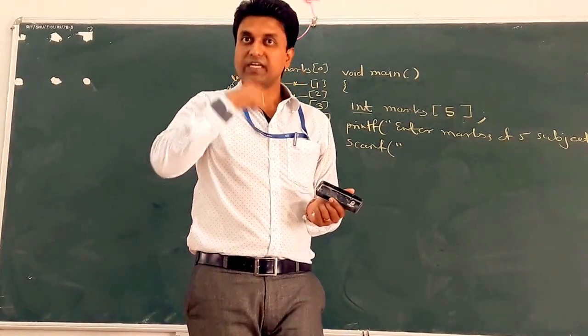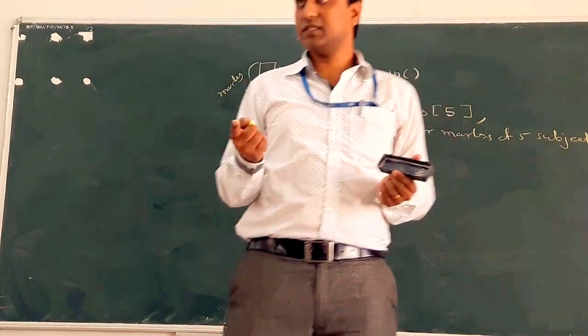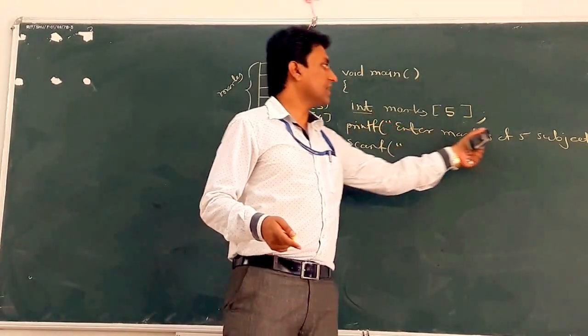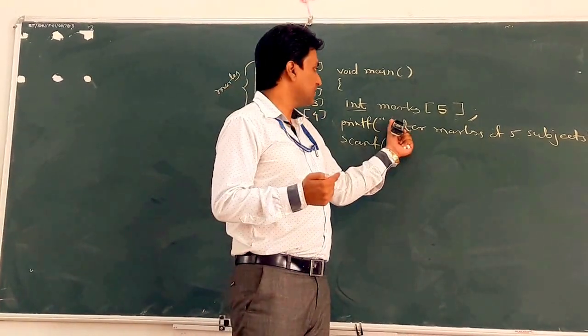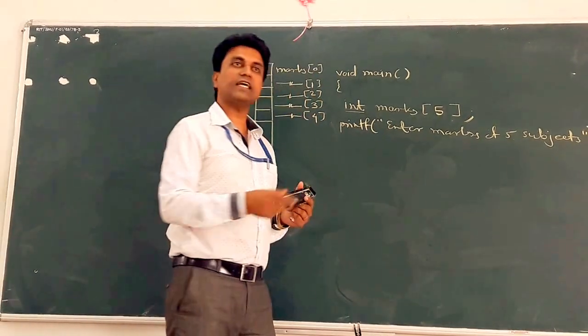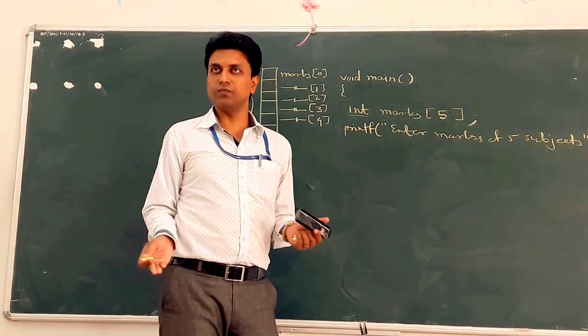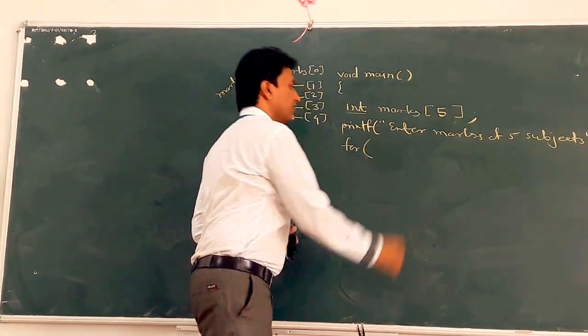But how many times do we want to execute scanf? 5 times. And this message, enter marks of 5 subjects, is only needed one time, so no need to write this statement inside the loop. Only scanf we write inside the loop. You can take any loop, but for this purpose, we take a for loop.